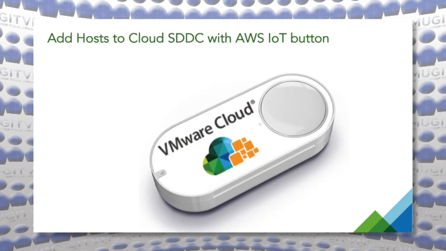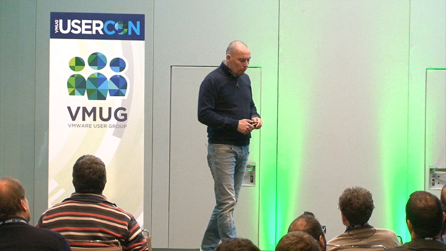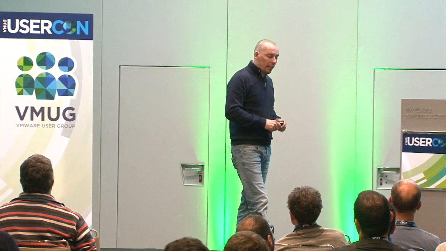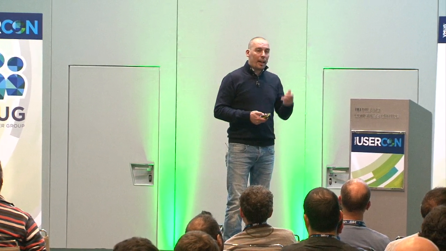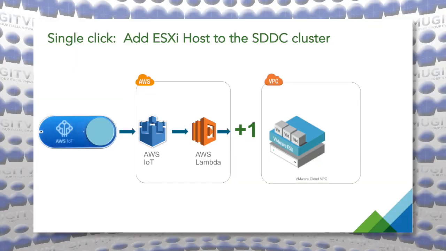One of my colleagues got hold of an AWS IoT button and created some code that said, okay, when I click this button, I'm going to trigger an AWS Lambda function, and that will deploy a physical host.